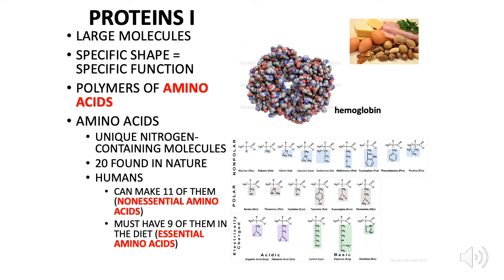On the other hand, 9 of those 20 amino acids, as far as humans are concerned, are essential amino acids, meaning we do not have the ability to construct them on our own, meaning they have to be found in our diet. And if we don't have the essential amino acid present in our diet, and if that amino acid is necessary for the construction of a protein, you can't make the protein unless the amino acid is present.